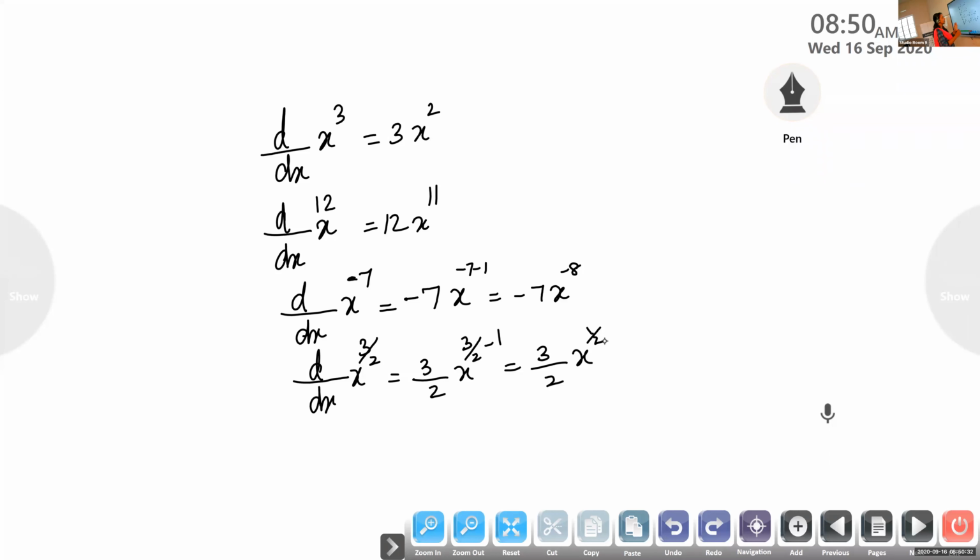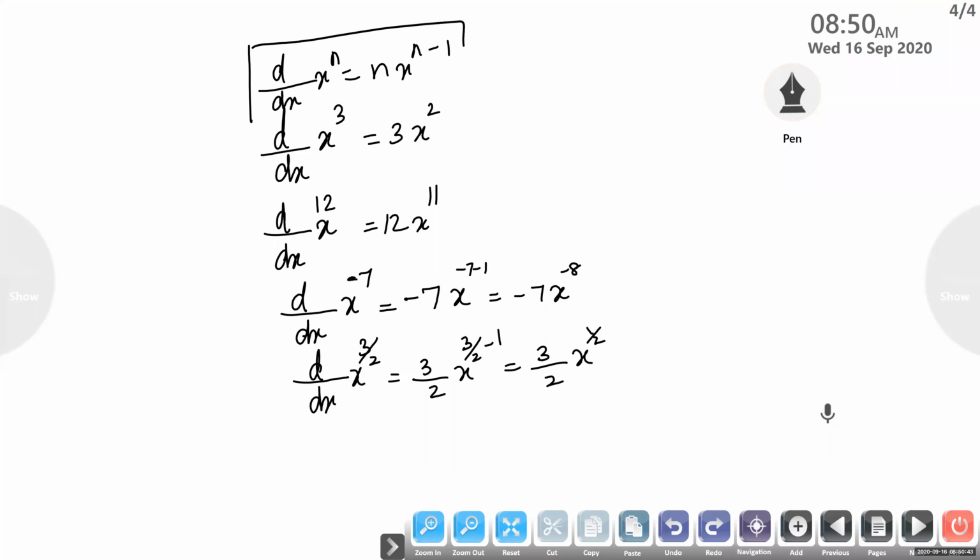So here we are finding the derivative using the formula d by dx of x raised to n is n x raised to n minus 1. Okay.